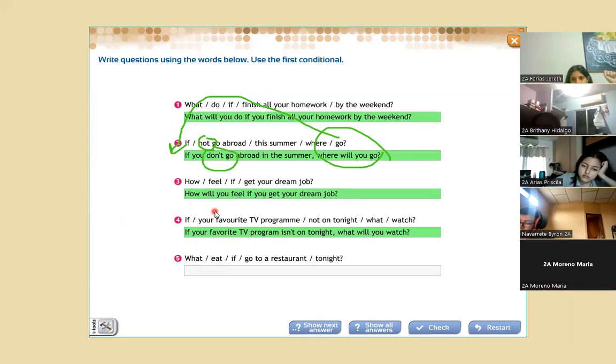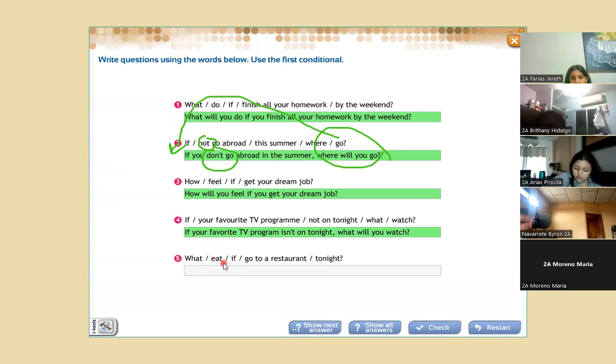Remember that you are using the first conditional. In the first conditional, you're going to use will, the verb in the present simple, and if to connect the present simple form. What is the question, Osvaldo? What will you do? What will you eat if you go to a restaurant?